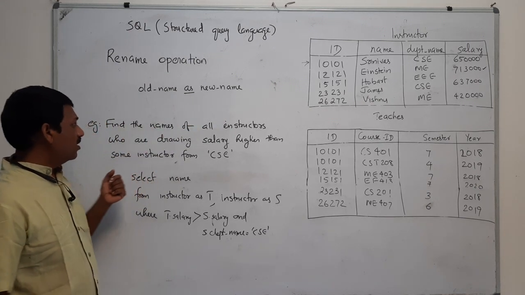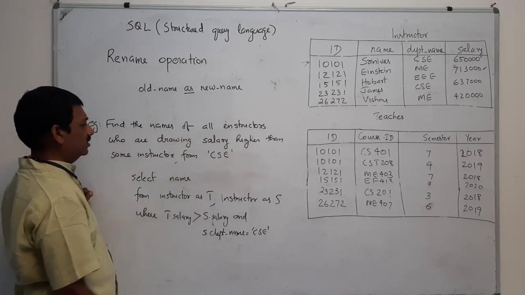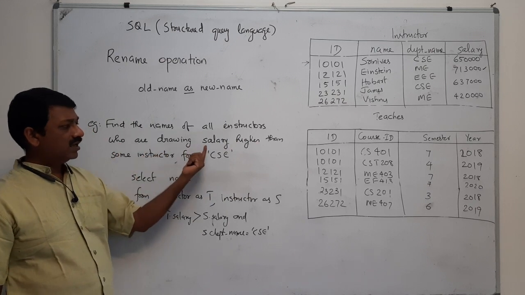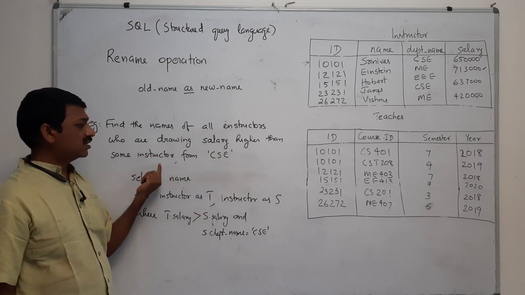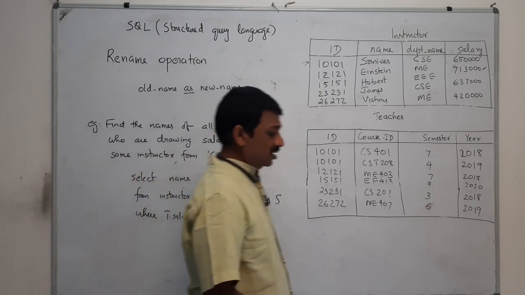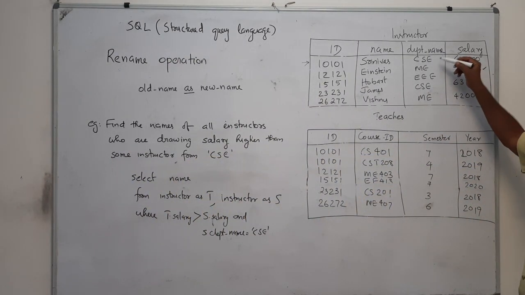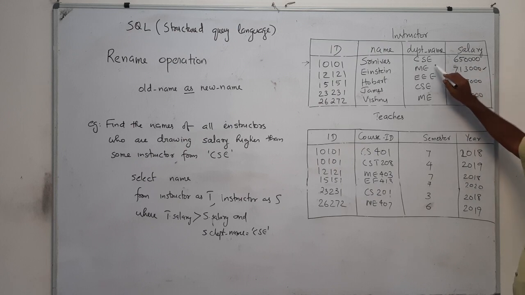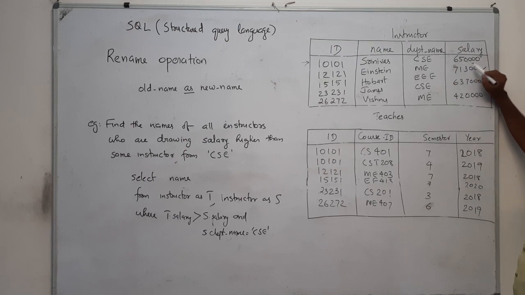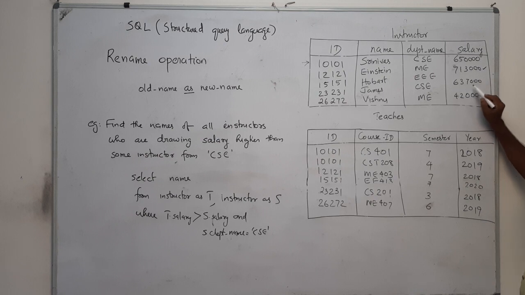For example, find the names of all instructors who are drawing salary higher than some instructor from CSE. In the CSE department, we have two members drawing salaries of 6,50,000 and 6,37,000.